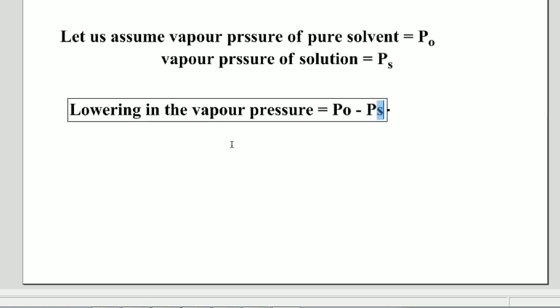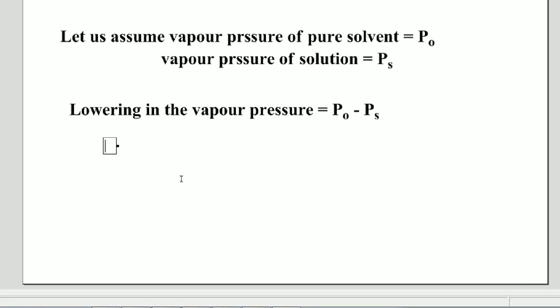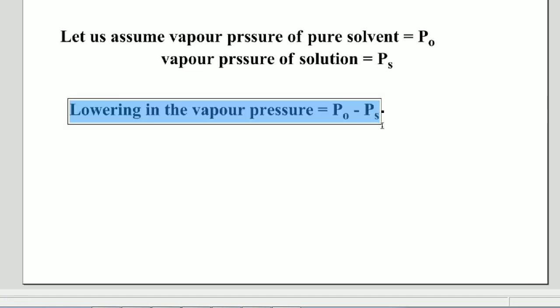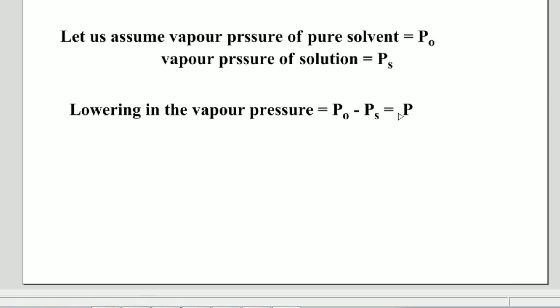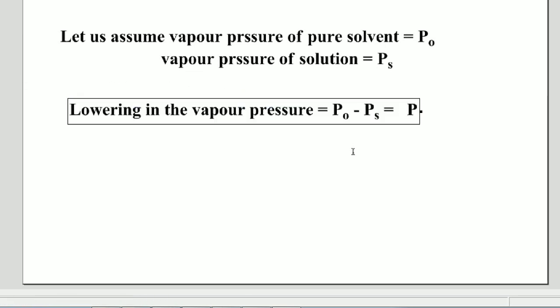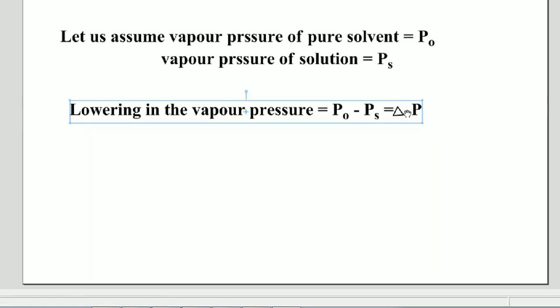Sometimes it is also denoted with delta P. So we can denote the lowering in the vapor pressure with the symbol delta P or P naught minus Ps.